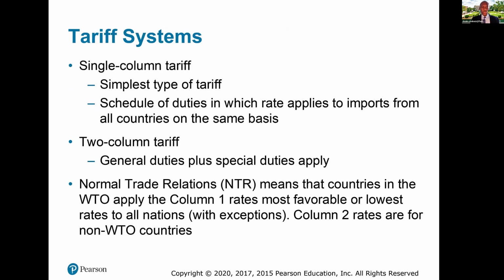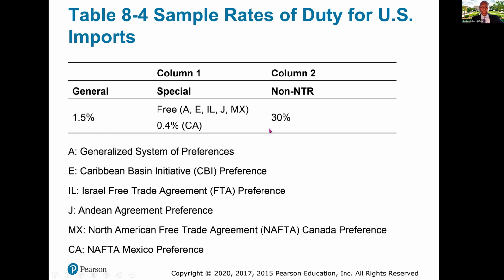That's the HTS we looked at, single column versus two column. Typically, normal trade relations means that you have some kind of breaks in terms of taxes. Maybe it's even a tax holiday where you don't have to pay any taxes. Here again, you have the additional column if you don't have normal trade relations.